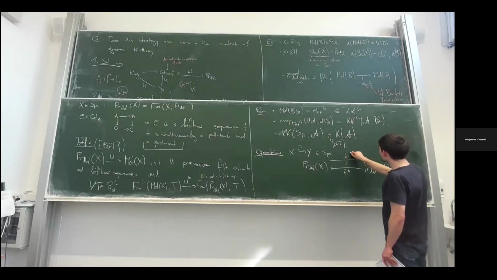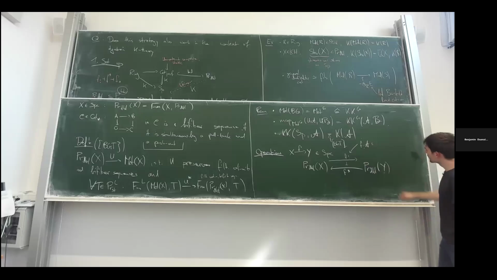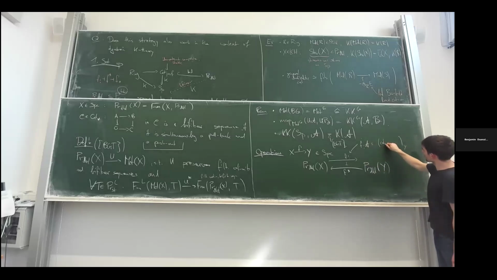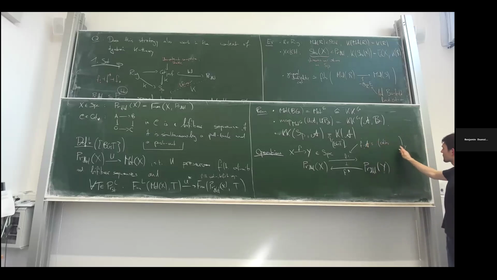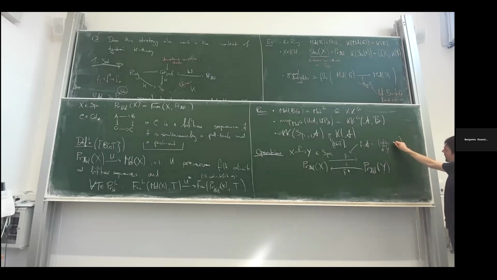So slightly informally, this f lower shriek applied to some A, which is something varying over y, can be computed as follows. Kan extension just means that I take a bunch of colimits and at position y, take a colimit over the fiber. This is a short notation for the homotopy fiber of y under f of A. Okay.